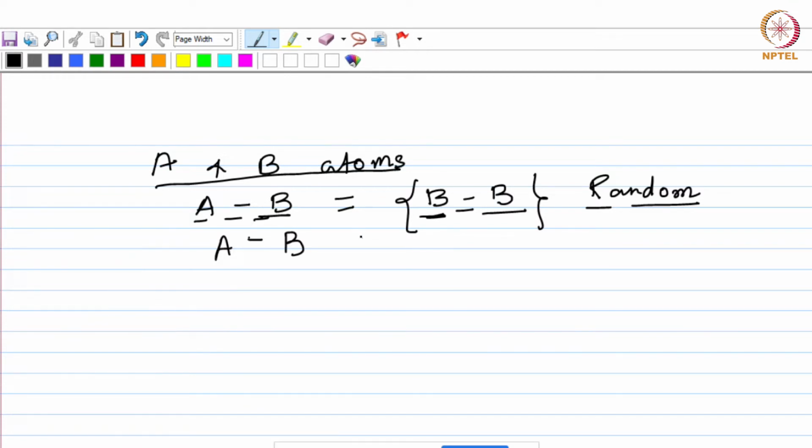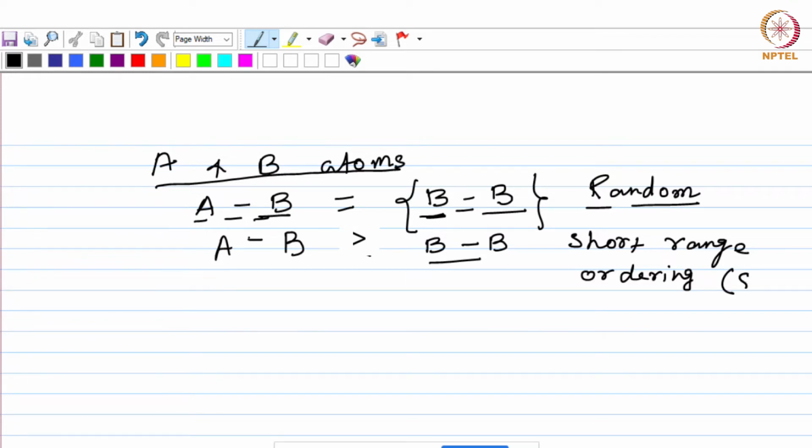and if that tendency is greater than the tendency of having similar neighbors, then this will be known as short range ordering, SRO in short.